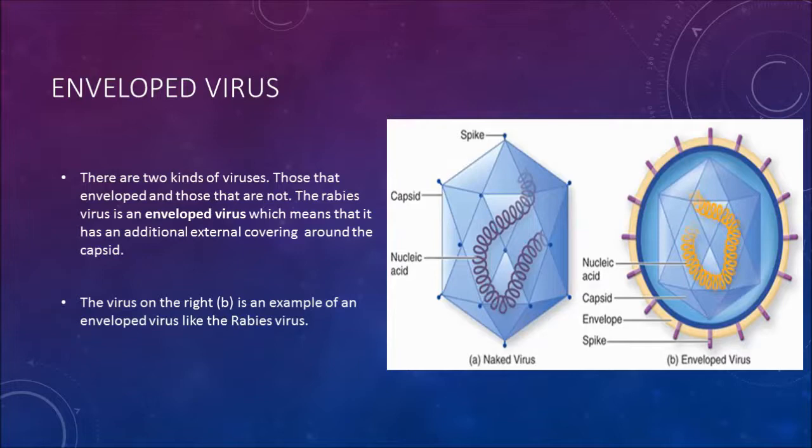And in addition, they have these protruding spikes off of the envelope, which serve as a way to attach to the next host cell. As you can see in this diagram here, we have a naked virus on the left, and we have an enveloped virus on the right, which is the kind of virus we're talking about with the rabies virus.